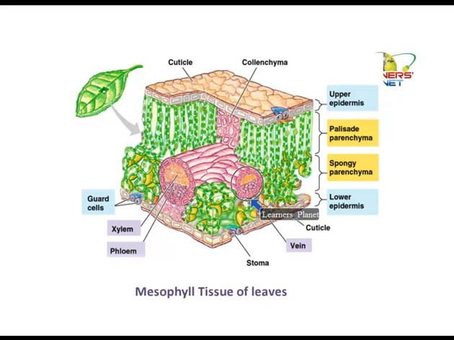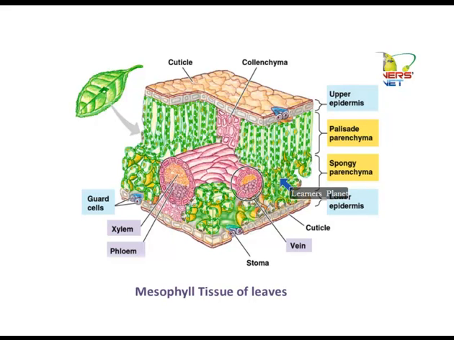How? So what happens is, the air from the stomata will fill this particular intercellular space in the mesophyll tissue, and from there the carbon dioxide will be transported into the interior of the cells. And of course then what will happen? These parenchyma which are containing the chlorophyll will absorb the carbon dioxide and photosynthesize the glucose molecule.